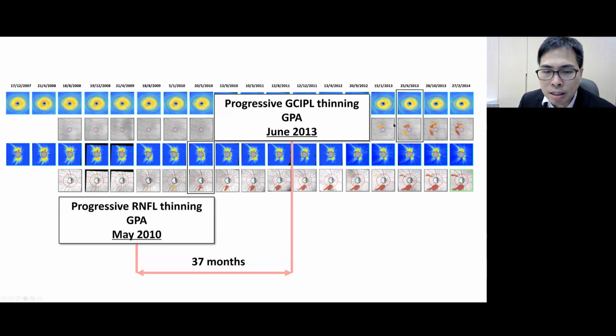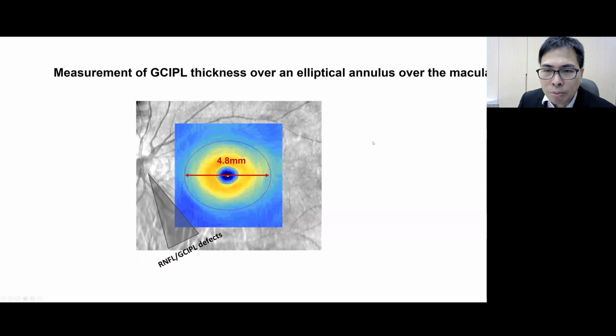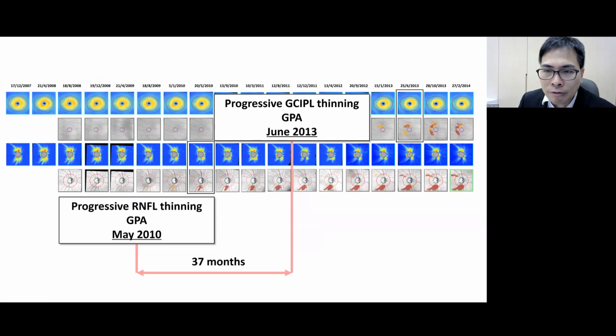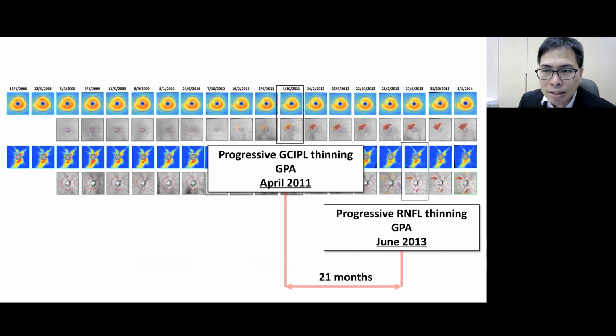So the time gap here is 37 months. So why would some cases have retinal nerve fiber thinning detected first before we see progressive GCIPL thinning? Whereas in some cases, we see progressive GCIPL thinning detected first before we see progressive retinal nerve fiber thinning.